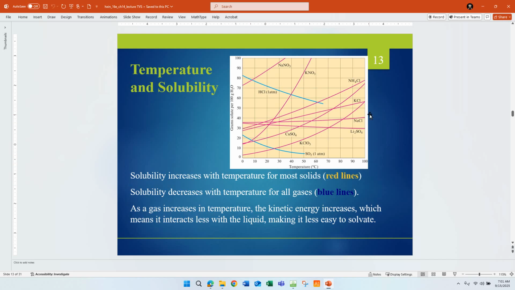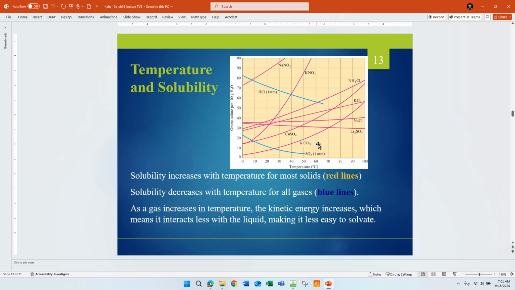As we go up to 100 degrees, we can get roughly 55, 56 grams of solute into the solvent and still have it dissolve. So unsaturated is anything below this line, okay? So at 100 degrees, 20 grams of potassium chlorate in 100 grams of water is unsaturated. It's way far from the line.